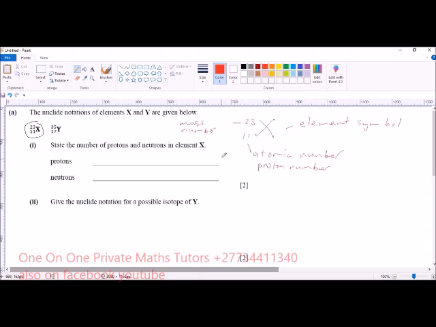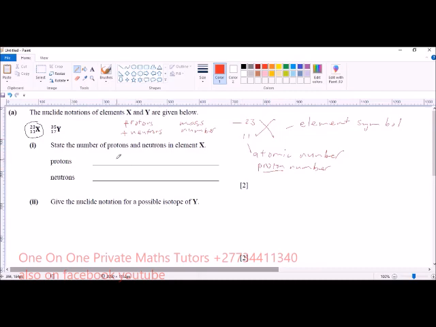Now, what do these numbers represent? The 11 is the number of protons in the nucleus of the element. And 23 is the mass number, which is protons plus neutrons. That's the number of protons and neutrons in element X. So we are looking at element X, number of protons.